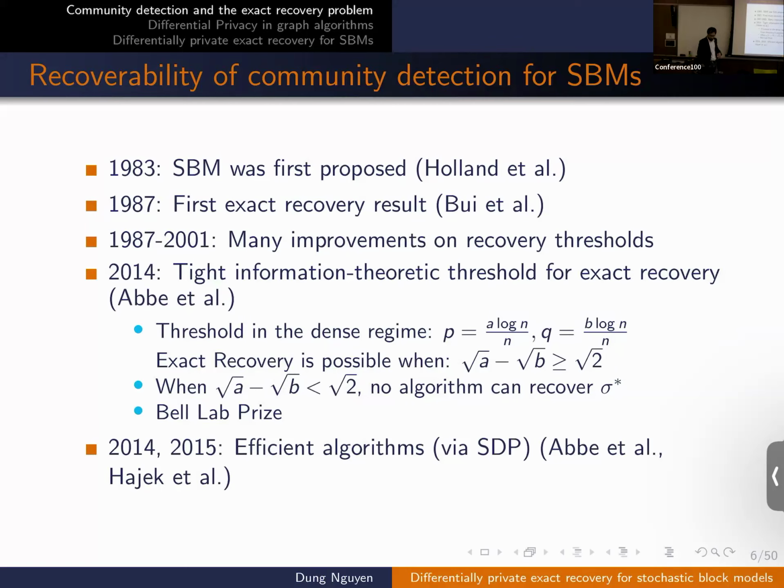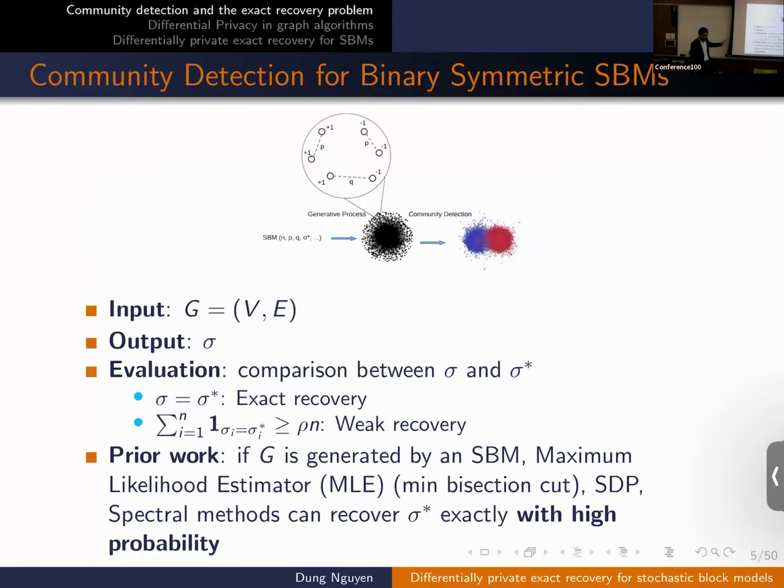Yes, people study another variant of exact recovery. This is the weak recovery definition, where only some constant fraction of the vertices can be recovered with exact community status. It allows one minus rho of the vertices to be incorrectly classified.